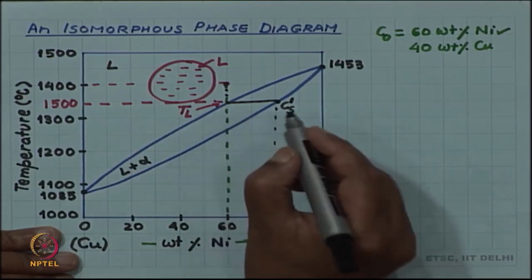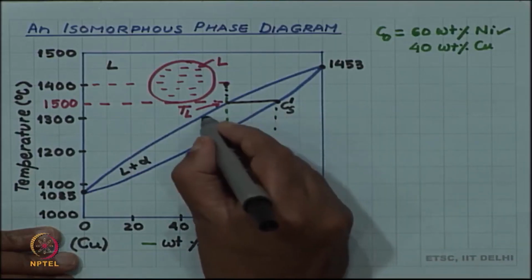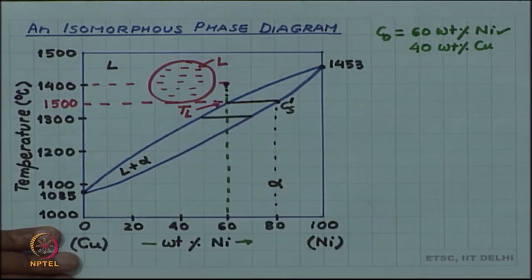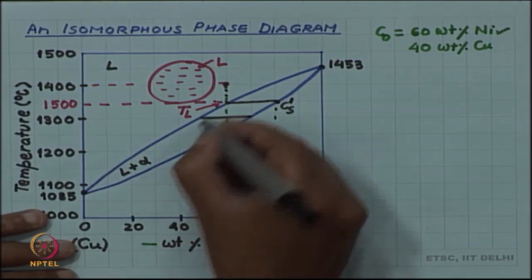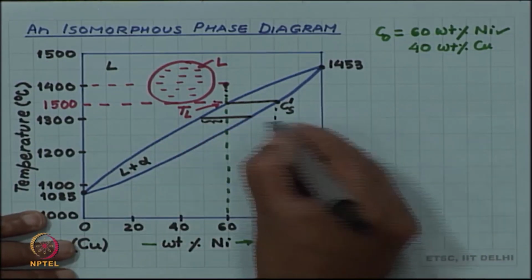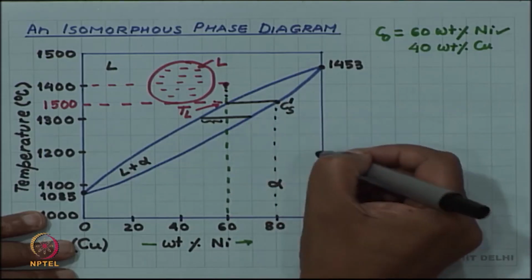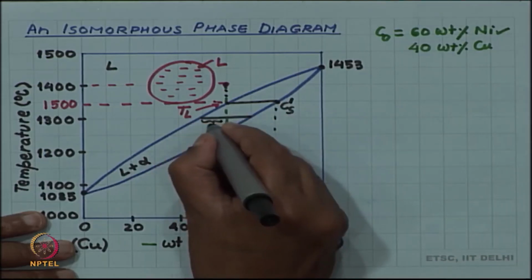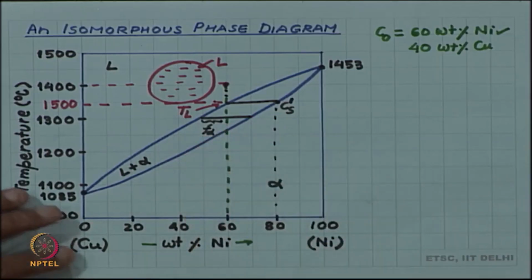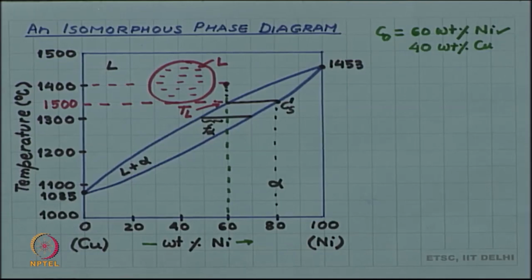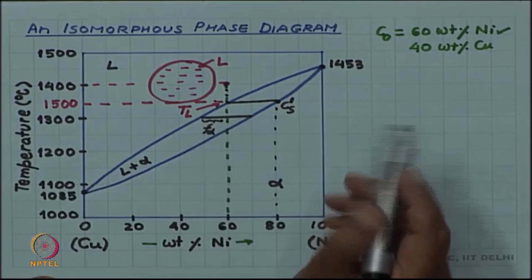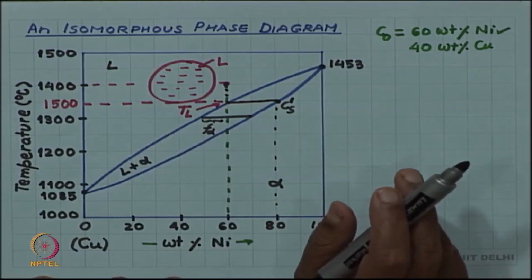Then as you now lower the temperature, you have seen that the fraction of the solid is given by the opposite lever arm. So, since solid is on my right side, alpha is on the right side, the left side lever arm will be proportional to the fraction of the solid phase, and by lever rule this arm divided by total arm will be the actual fraction of the solid phase.